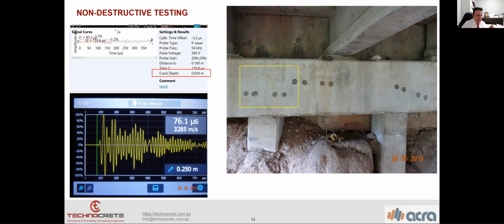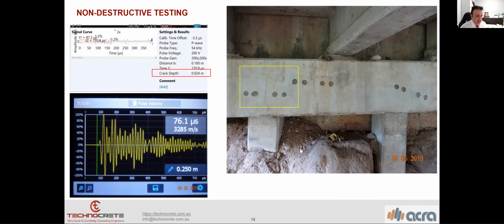The next slide I have included is for the crack depth. As you can see, in the same case study, on the right-hand side is the photo of the actual structure. C7 means crack 7, depth 24; C8, depth 57; and C11, depth 34 millimeters. What we do is use BS 1881 Part 203 for the measurement of the cracks.